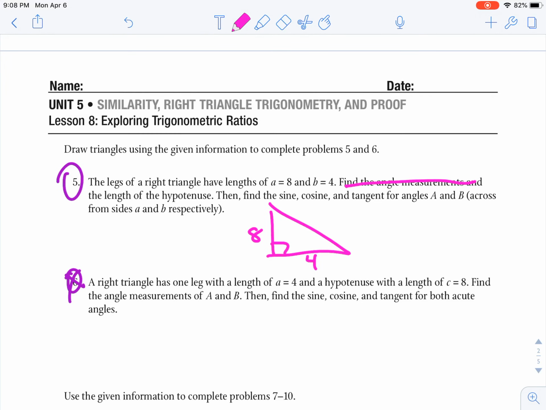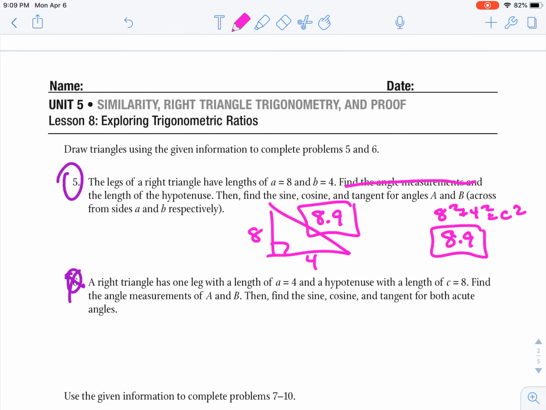So 8 squared plus 4 squared equals C squared. 8 squared plus 4 squared equals 80. Square root that, 8.9. Okay, 8.9.